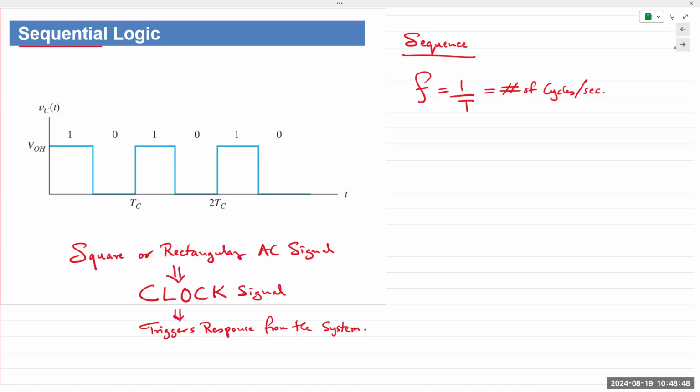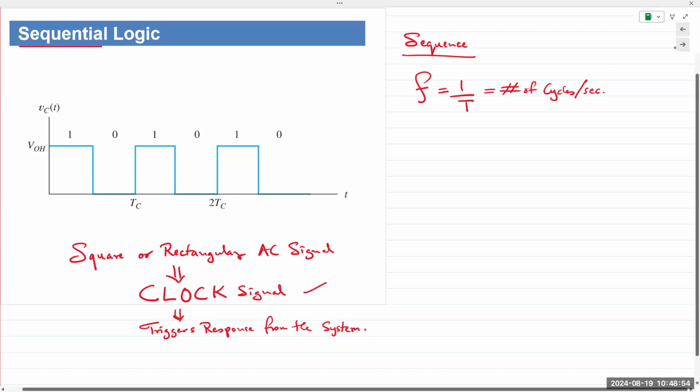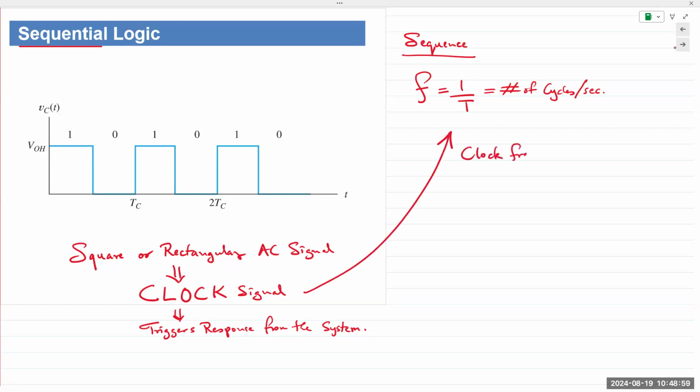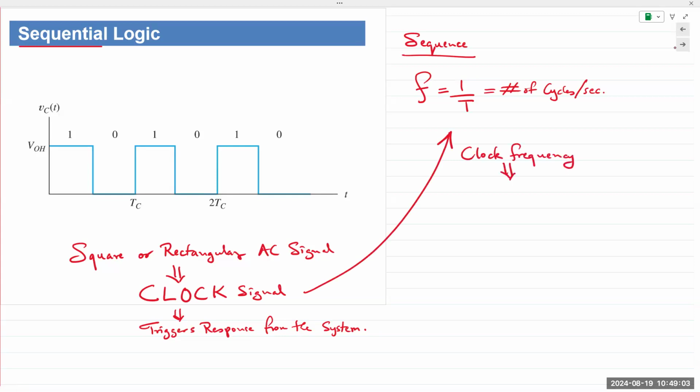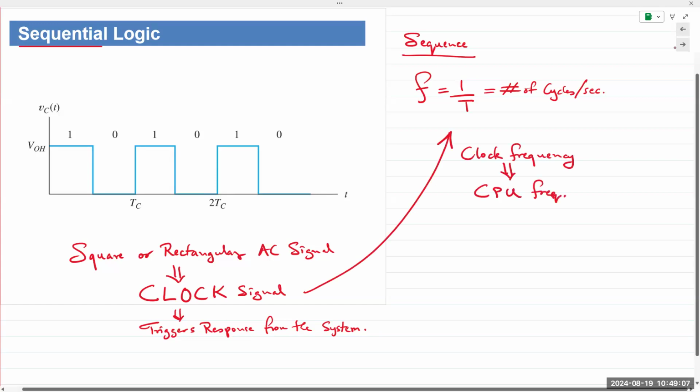When it comes to electronic circuits or digital electronic circuits, this clock signal has a frequency, and this is also known as the CPU frequency that I referred to just a few minutes ago.